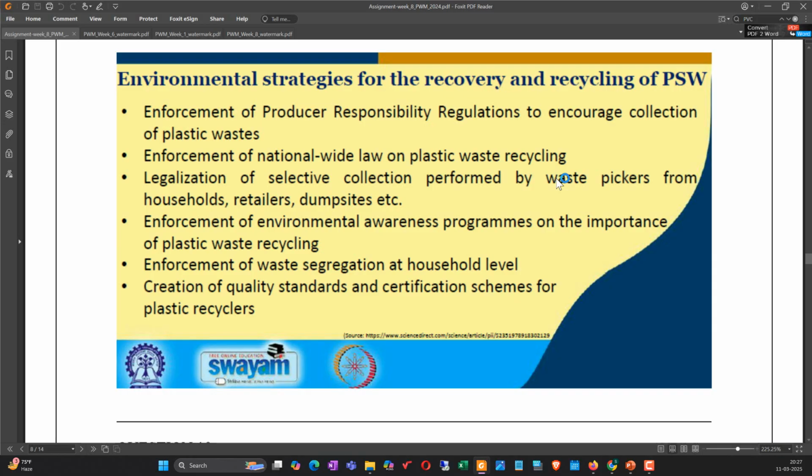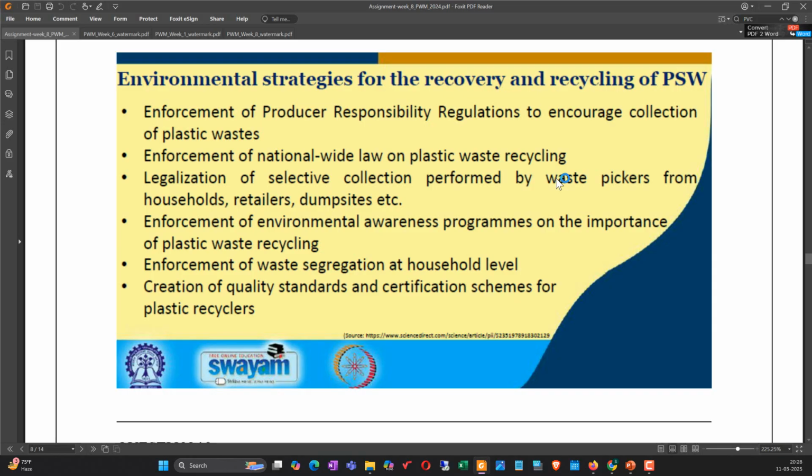legalization of selective collection performed by waste pickers from household, retailers, dump sites, etc. Enforcement of environmental awareness programs on importance of plastic waste recycling, enforcement of the waste segregation at the household level.